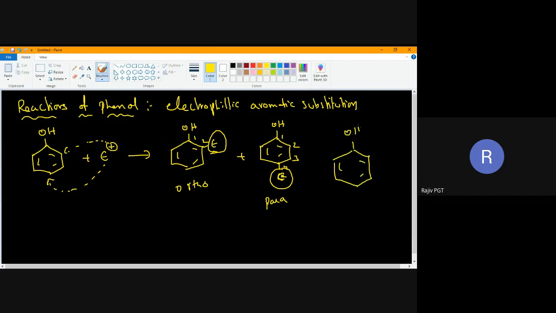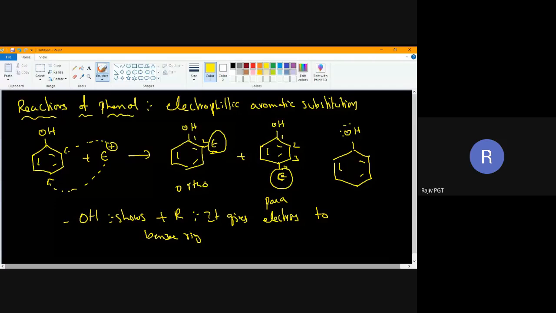This is an electron releasing group. This is plus R effect. It shows plus M effect. OH shows positive resonance. That means it gives electrons to the benzene ring.